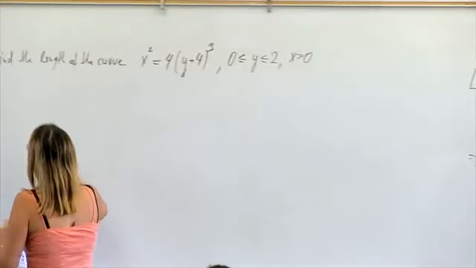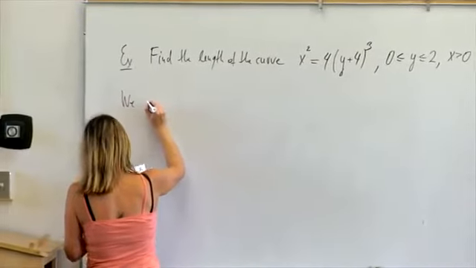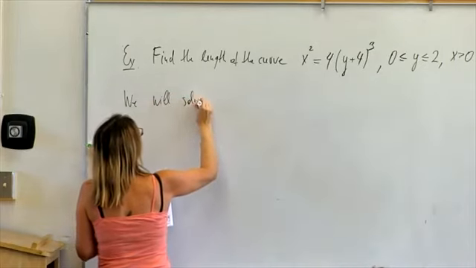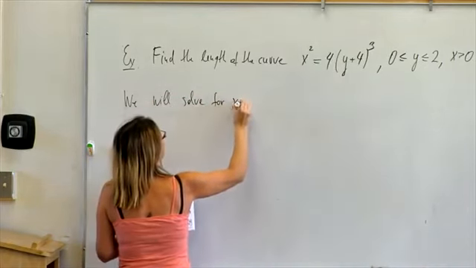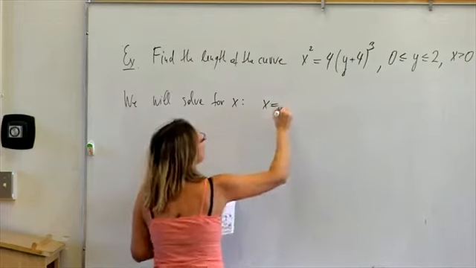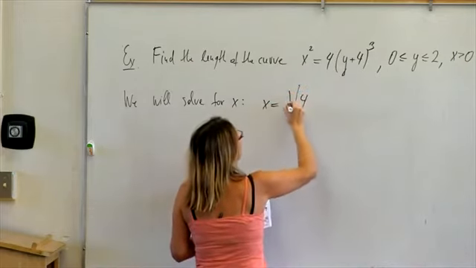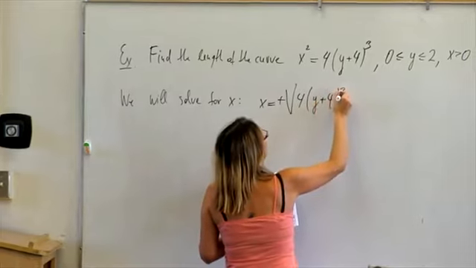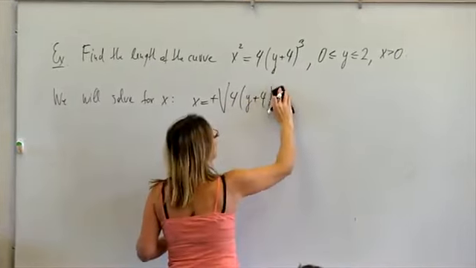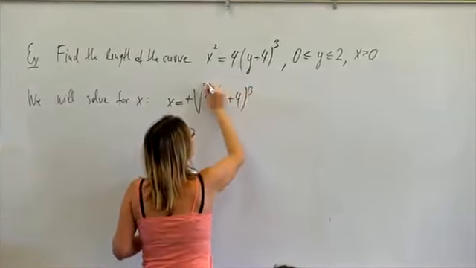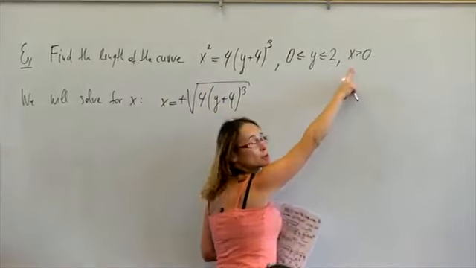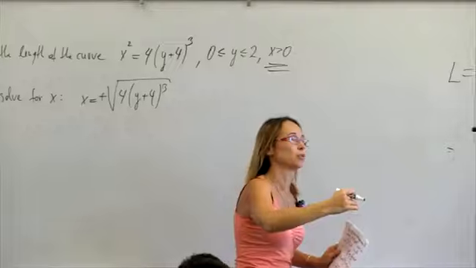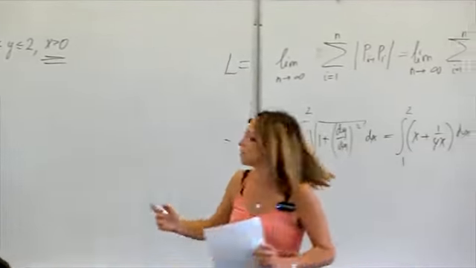So we'll solve for x. Okay, so we say x is plus the square root of 4(y plus 4) cubed. Why is it plus square root? Because of this condition, right? We are given that we want the length of the branch that corresponds to positive values of x.